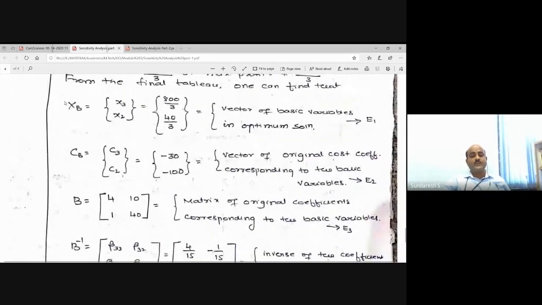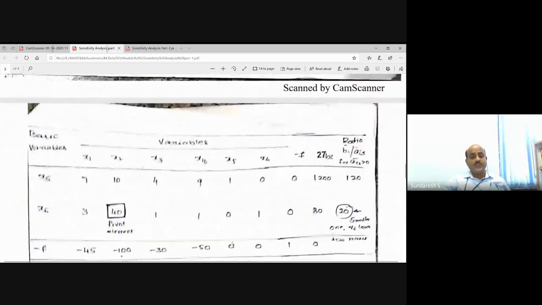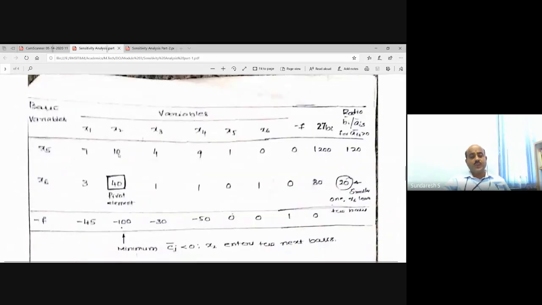So XB we have got. Then CB, the cost coefficient values: the vector of original cost coefficients corresponding to the basic variables, in the sense of the first tabular column. So x3 is minus 30 and x2 is minus 100.